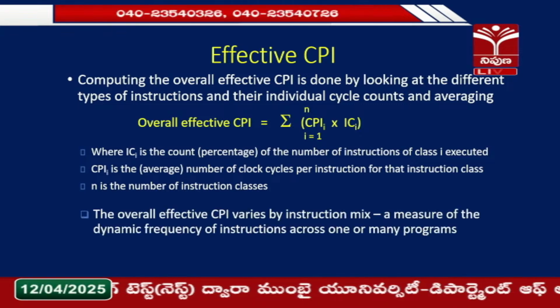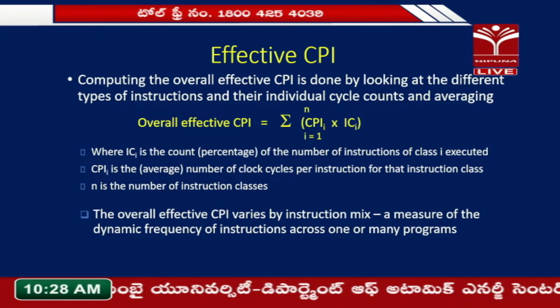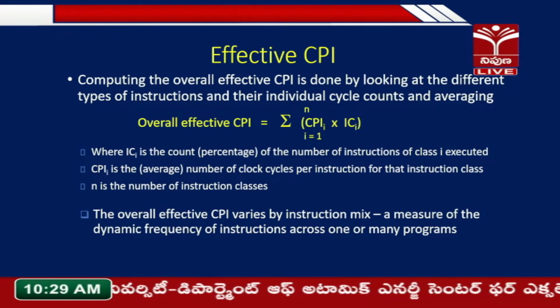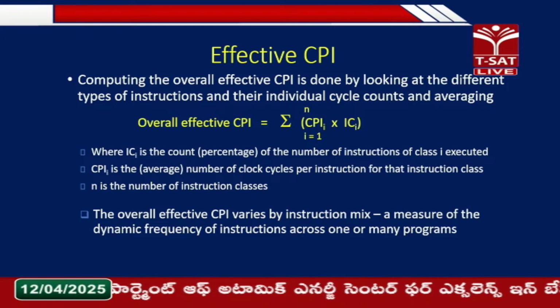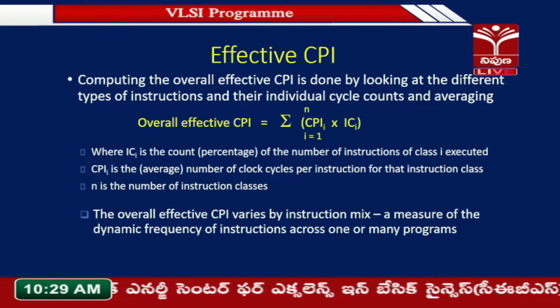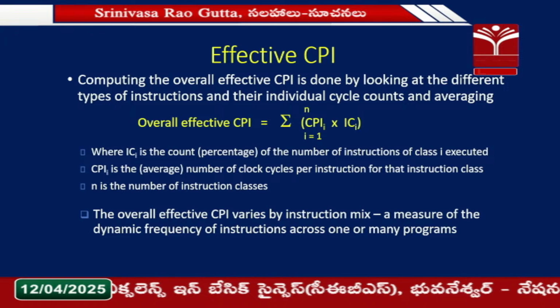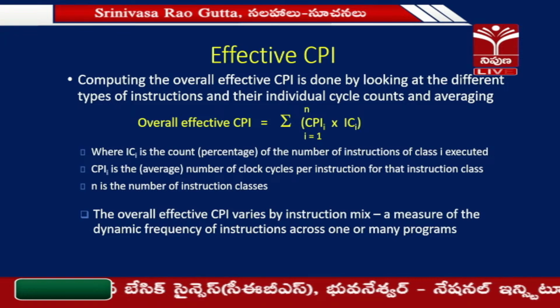So, the overall effective CPI varies by the instruction mix. Again, this is based on the instruction set architecture, the way you define it. Also, when you have a high level program, the C compilers help in creating an effective CPI mix when they compile the code into assembly language.